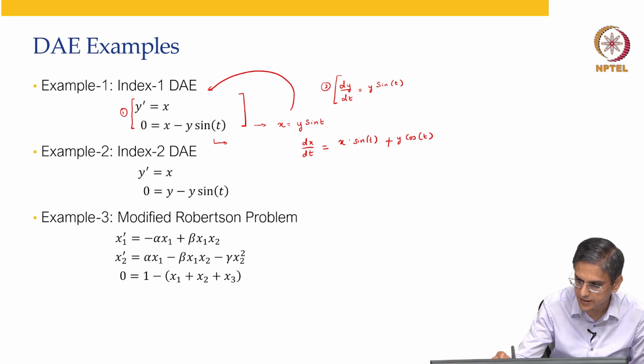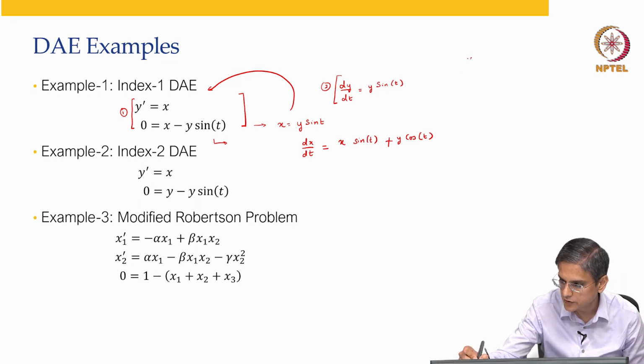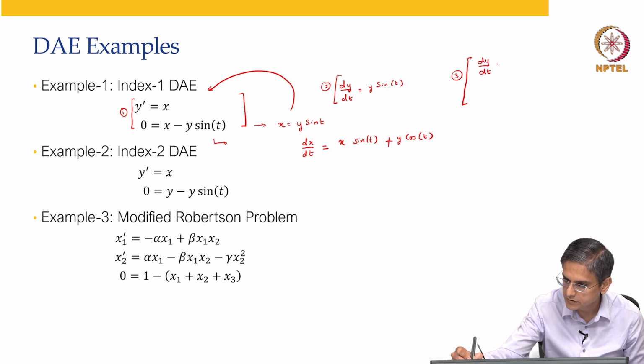So our third set of equations is going to be dy by dt equal to x.